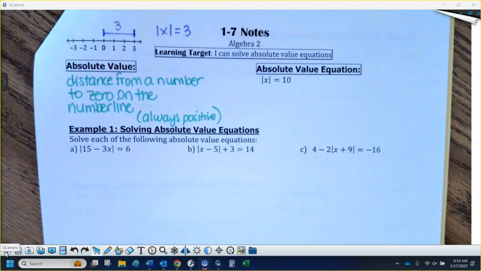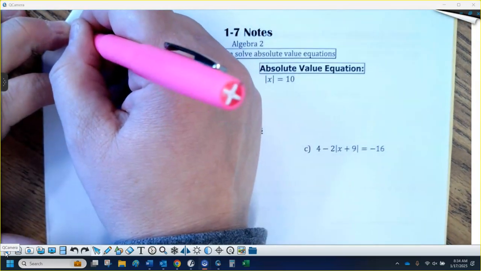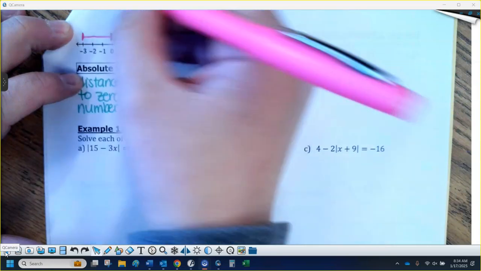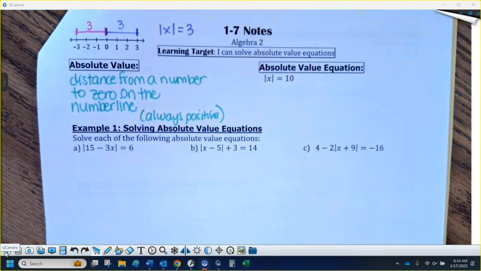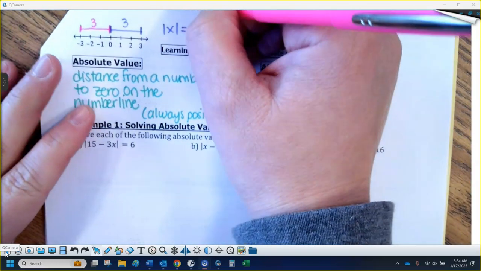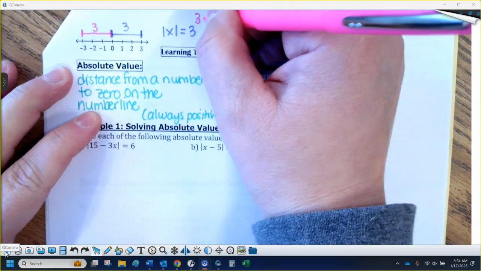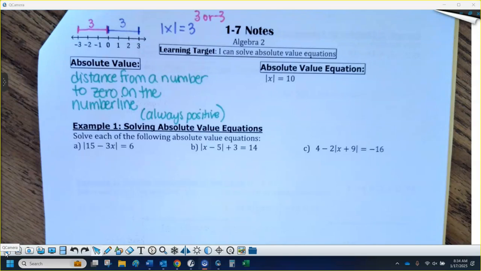What's another way I could get to 0 on the number line with a distance of 3 if I started where? At -3. So that little equation, because if you start at -3 and go to 0 on the number line, that distance is also +3. So this little equation has two solutions. It could be x could be 3 or x could be -3 to make that true.